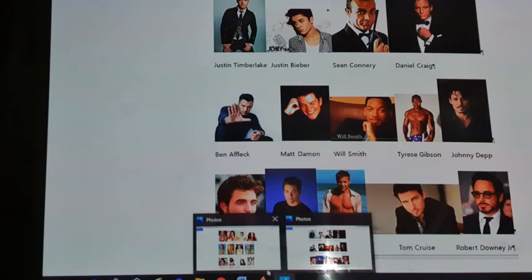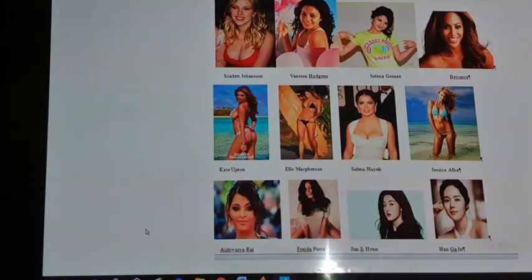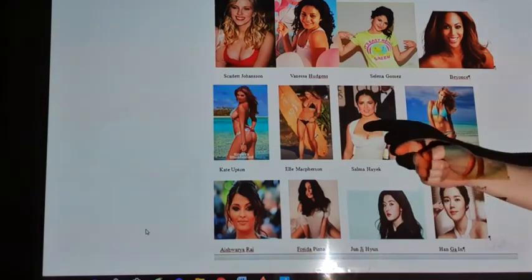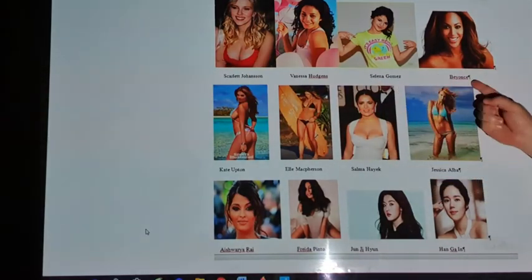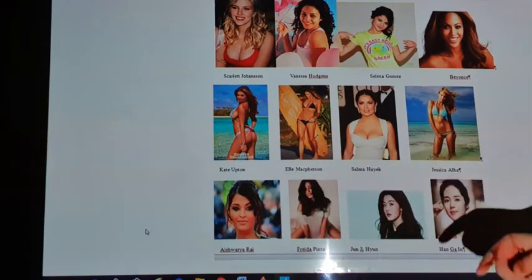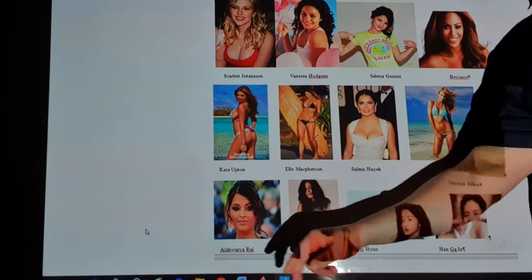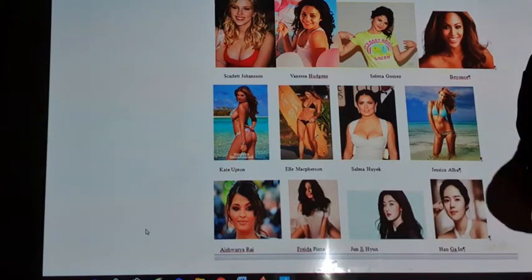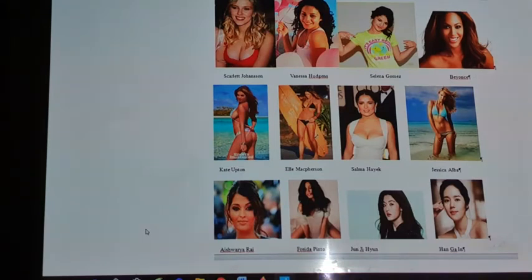Next, switch, we will talk about women. Again, Scarlett Johansson, Vanessa Hudgens, Selena Gomez, Beyonce, Kate Upton, Elle Macpherson, Salma Hayek, Jessica Alba, Aishwarya Rai, Frida Pinto, Cha Ji-hyun, Han Gain. Again, all of them are actresses. So, who is the most beautiful woman here?